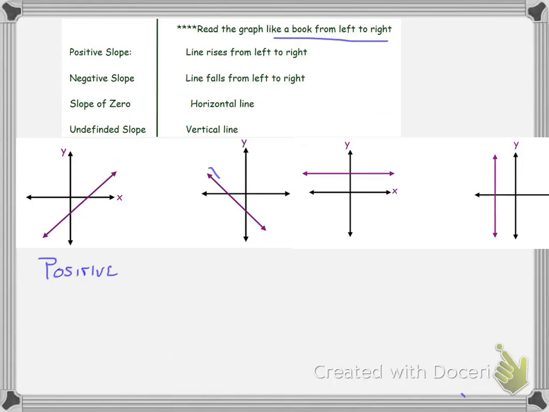Then from left to right, when it's falling, it's going to be a negative slope. A horizontal line, which is this next one, has a 0 slope, and a vertical line has a slope that is undefined.